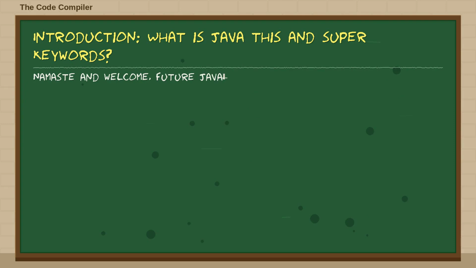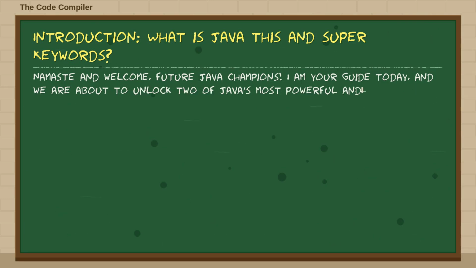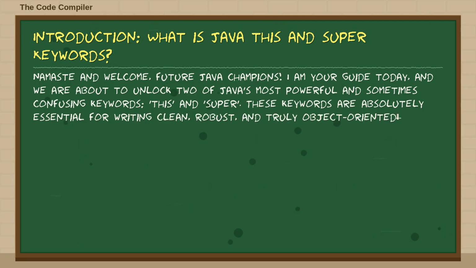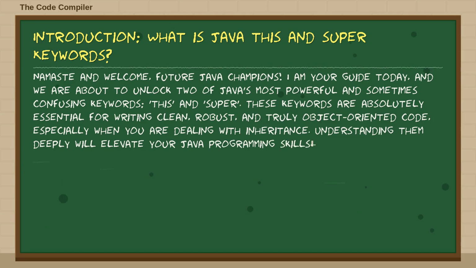I am your guide today, and we are about to unlock two of Java's most powerful and sometimes confusing keywords, this and super. These keywords are absolutely essential for writing clean, robust, and truly object-oriented code, especially when you are dealing with inheritance. Understanding them deeply will elevate your Java programming skills significantly.